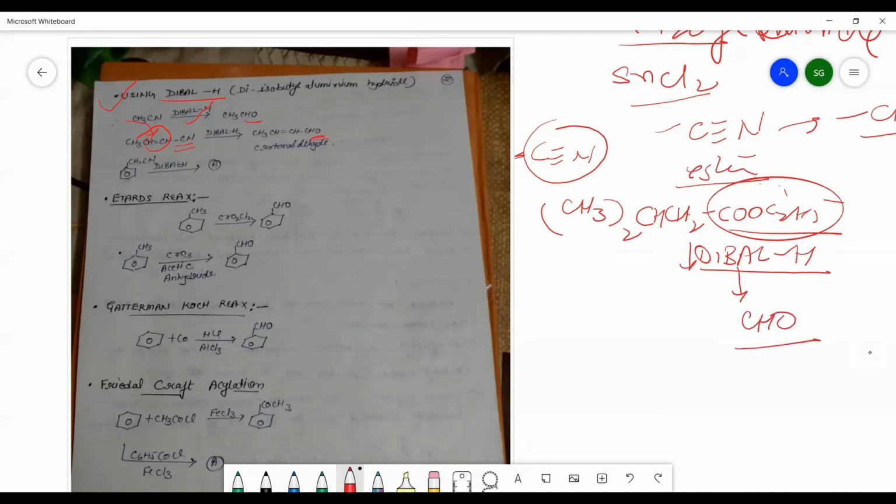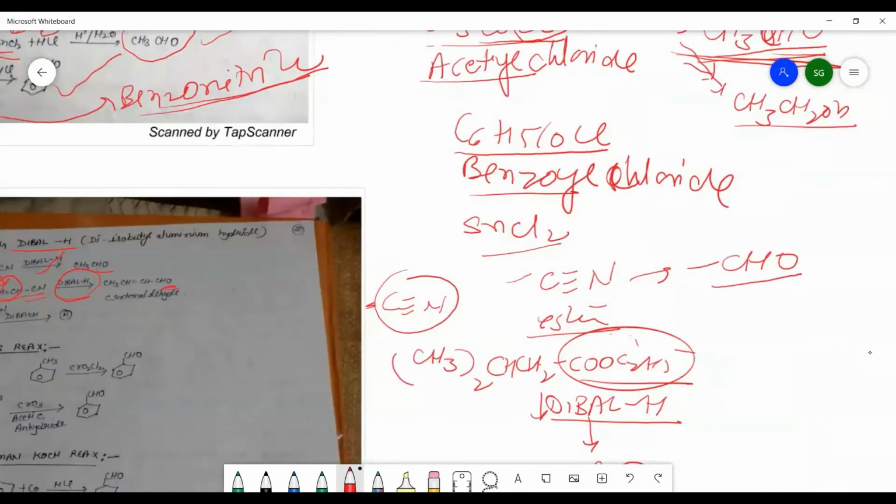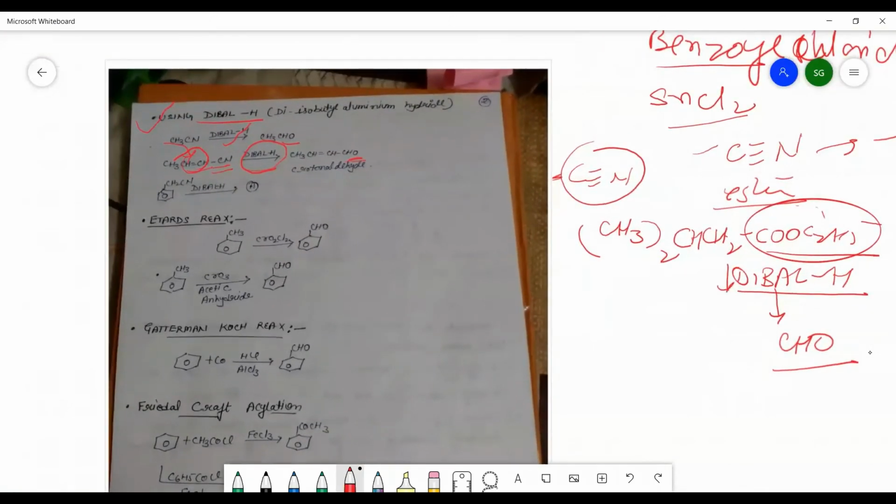The ester group will also be converted in this. So you can easily find out that if we do not want to touch the double bond, we have to use Dibal H. But if you also want to reduce the double bond, then you have to use the Stephen's reaction. Now see what is the Dibal H?